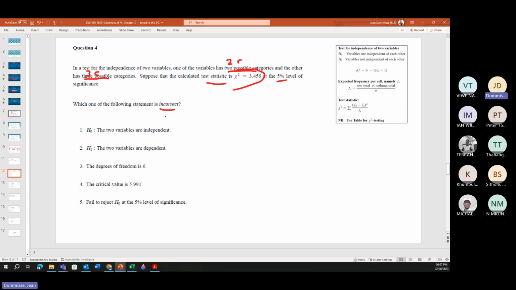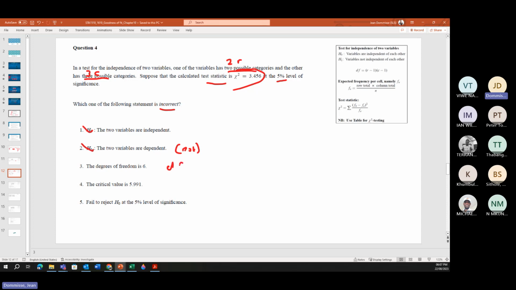So the first thing is independent, not independent. So here they're saying the variables are independent, so that's correct. The two variables are dependent, which also means not independent. So that is also correct. Then degrees of freedom is 6. So let's quickly check.